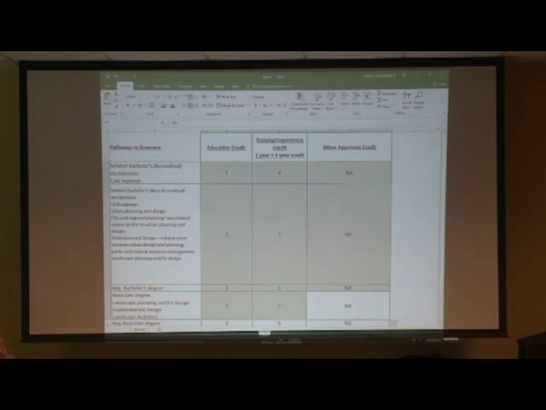I'm guessing the related bachelor's is worth more than any bachelor's, and that's worth more than the associate degree. So this is the most, the less, and the least. You could make the argument that any bachelor's degree and an associate's degree in the area are probably equivalent. Okay, that's a good point. And maybe the related bachelor's is worth 1.5 credits, and the other one's worth a half credit, or something to separate them.